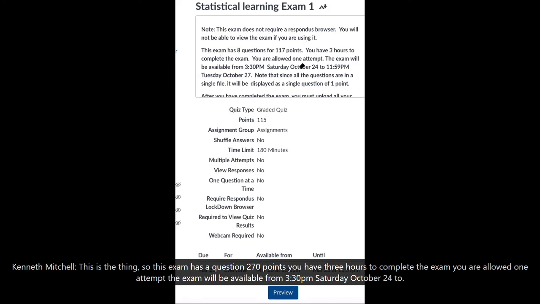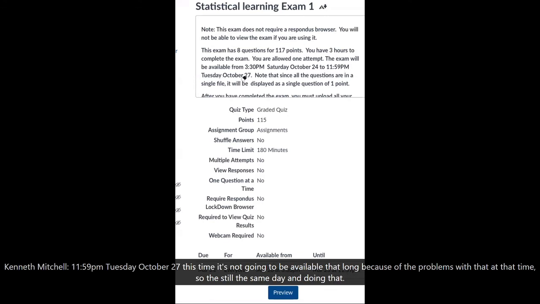You are allowed 1 attempt. The exam will be available from 3:30 p.m. Saturday, October 24th to 11:59 p.m. Tuesday, October 27th. This time it's not going to be available that long because of the problems with that at that time. So it'll be still the same day on doing that.